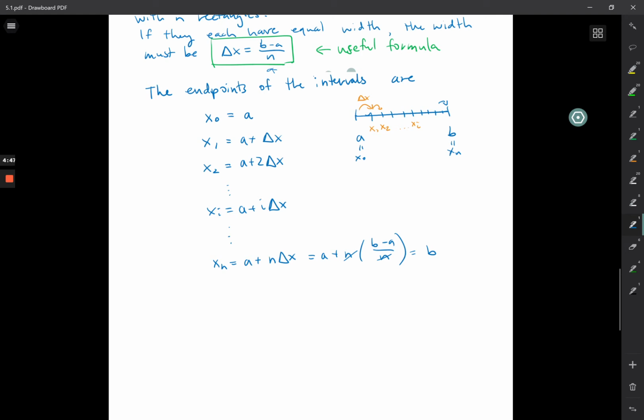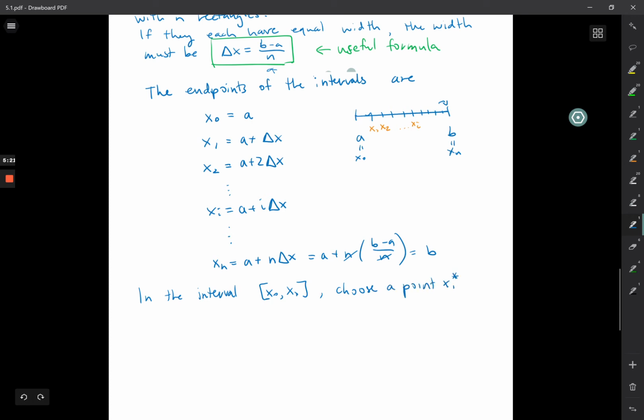And then looking back, I'm just going to clean this up a little bit. Looking at our interval, let's just focus on the first interval, which is going to be from x0 to x1. In this interval, we want to choose a point x1 star.